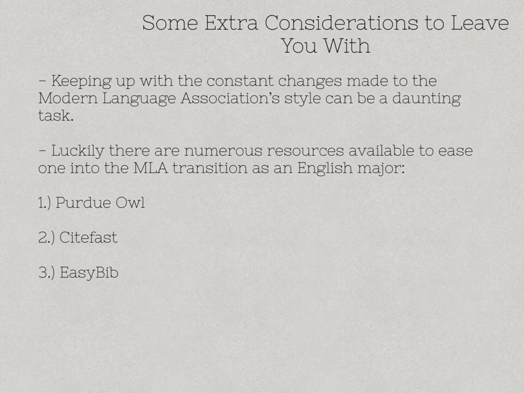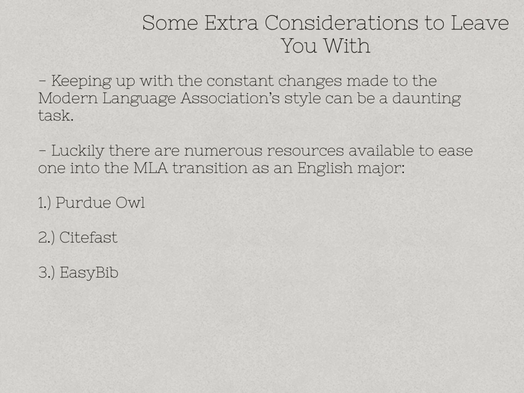In closing, there are some extra considerations I'd like to leave you with. Keeping up with the constant changes made to the Modern Language Association's style can be a daunting task. Luckily, there are numerous resources available to ease one into the MLA transition as an English major.